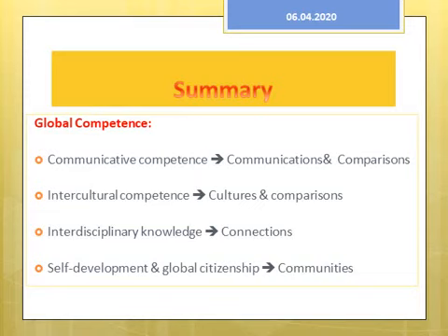Obviously, this method targets promoting the global competence of learners, including their behavioral, cognitive, metacognitive, and sociocultural competencies.